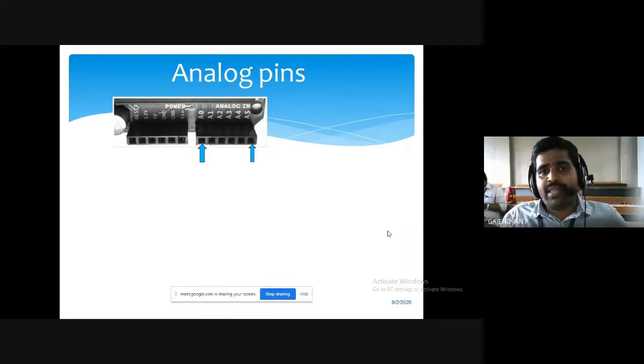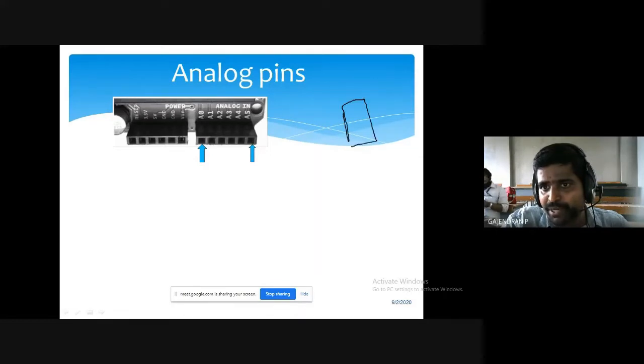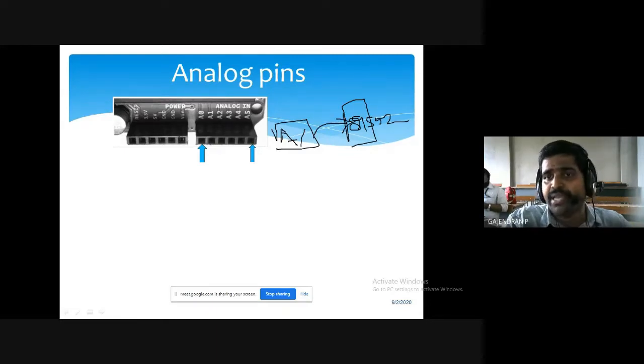But whenever you want to interface some analog sensors, is it possible to interface the analog sensor straight away to your 89S52? Who all bought an ADC in your project? If it is the 89S52 IC, it is not possible to connect an analog input straight away to my microcontroller.